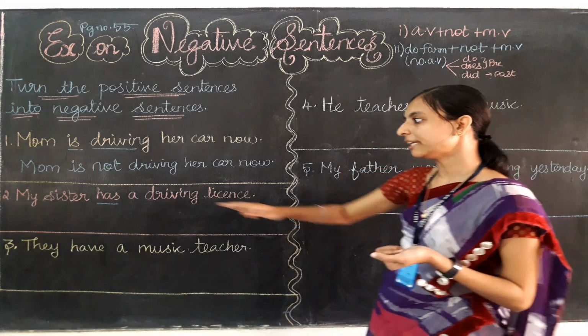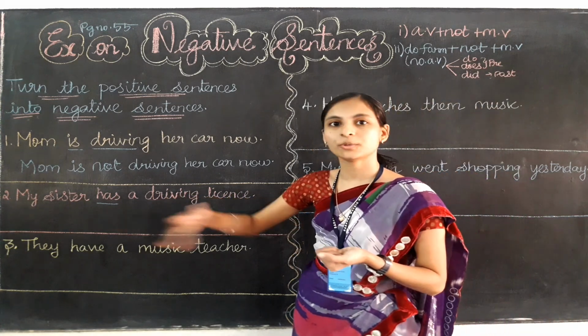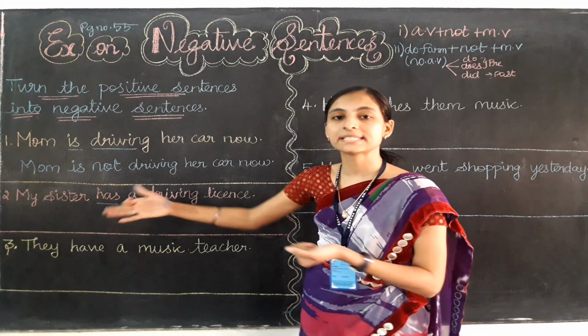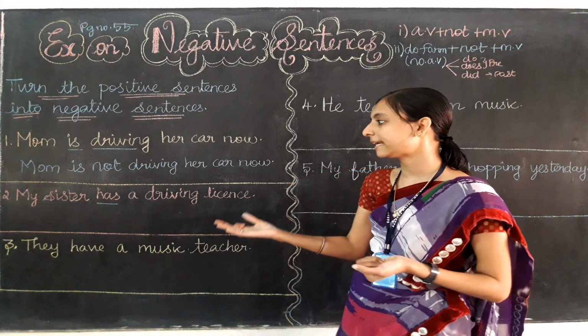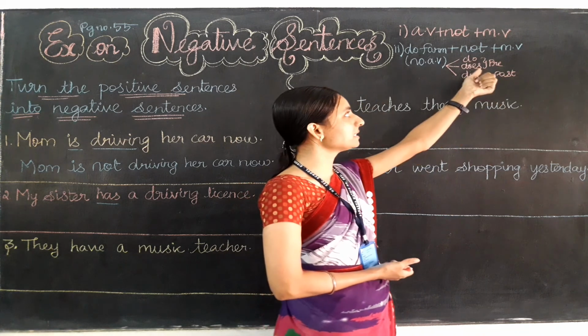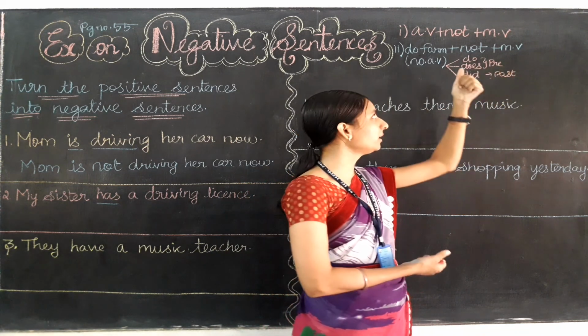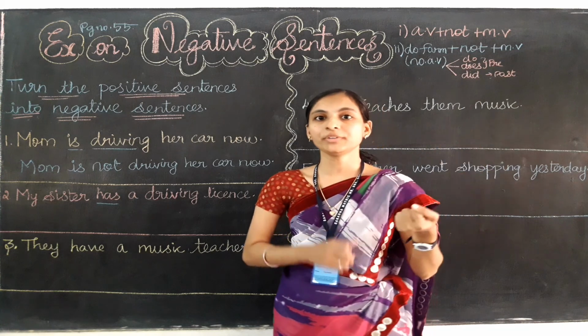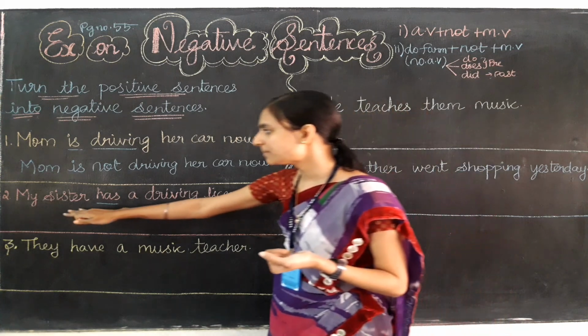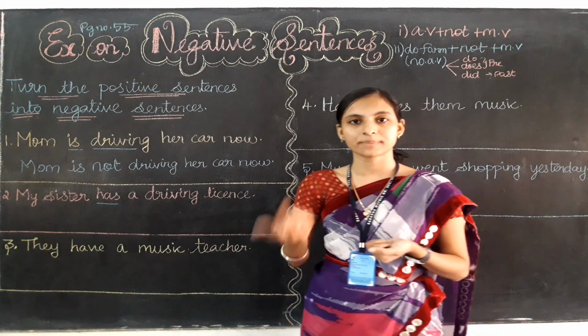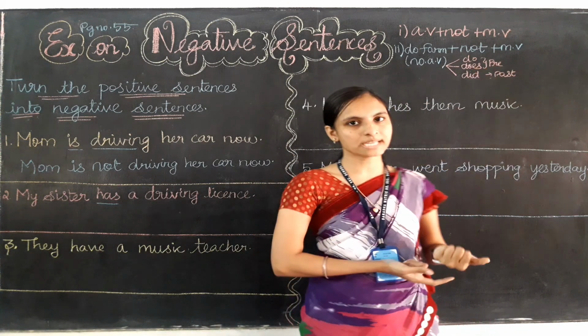Now we need to check whether they are talking about a present time event or past time event. The verb has is a present time verb only, so we can use the present time verb from the do family, that is do or does. Now we need to check the subject. The subject is my sister. When we are talking about a single person in the present time, we need to use does only.